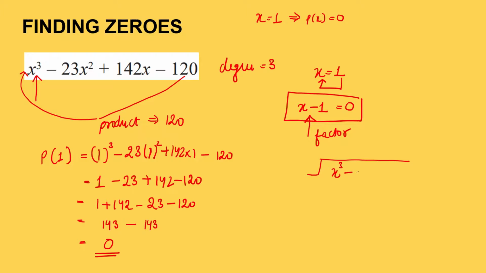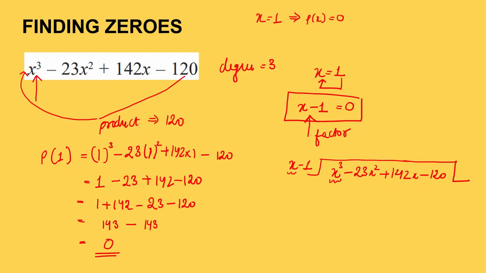X cube minus 23x square plus 142x minus 120. What is the way of writing this polynomial? We will write it in descending order of x in terms of exponent. So you can check here 3, 2, 1 and there is no exponent. X minus 1.